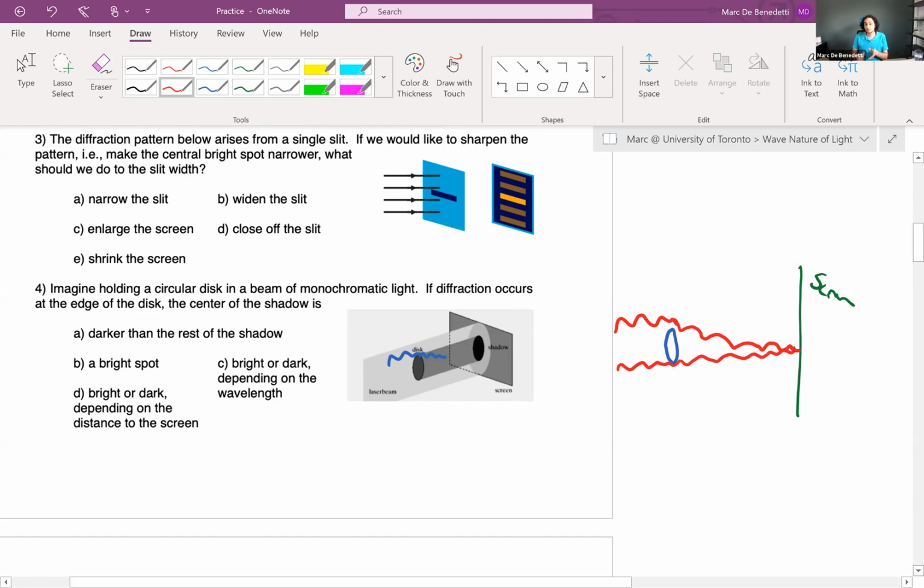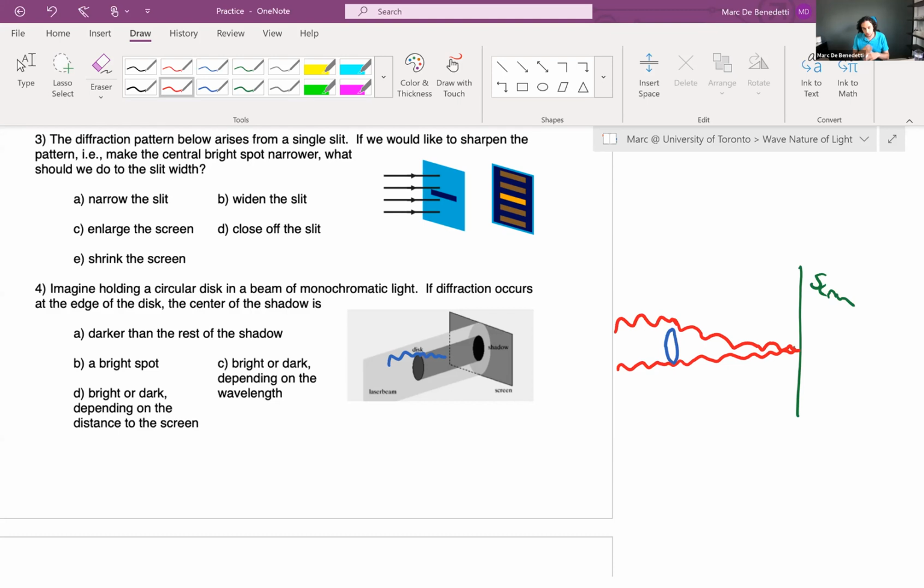It's deceptive, and it may immediately look like it'll be a bright spot, but let's look more closely. Remember, the whole premise in this entire chapter is how waves can superimpose on each other. If they superimpose out of phase, you get a dark spot, and if you superimpose in phase, you get an extra bright spot.